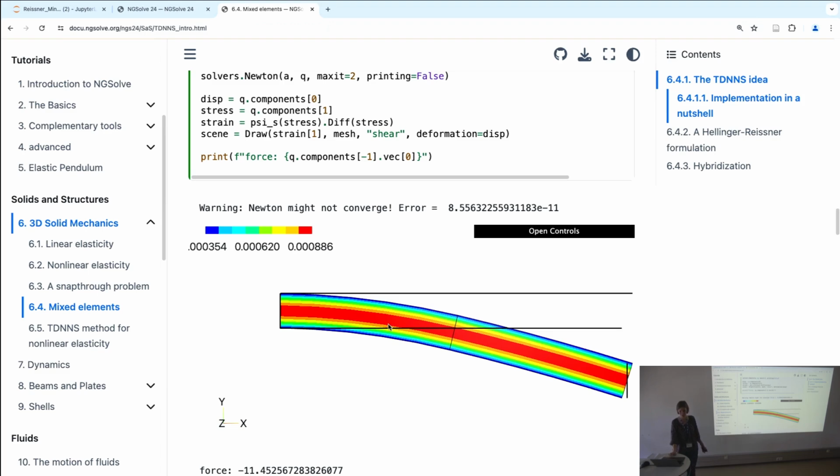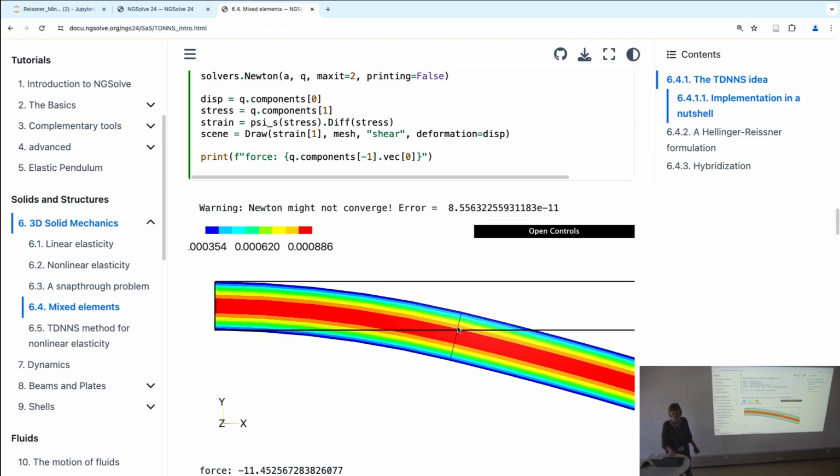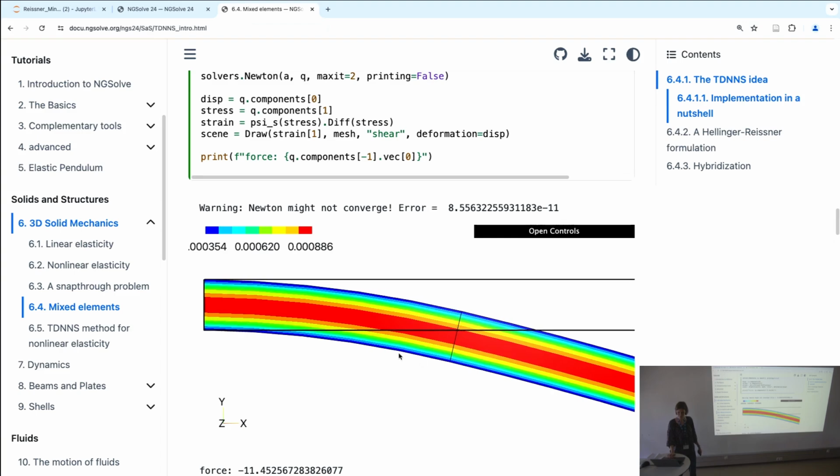That's why it looks so good. We get something where, I don't know, I don't see the gap in here, but you should see it somehow. It has to be very small, otherwise the solution would be wrong, so probably because of that. And the strains are, again, very small.